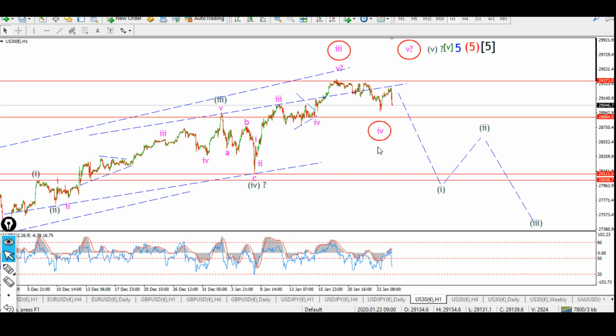Okay, next week I do want to see this initial decline continue, and I would like to see it trace out 5 waves. There's nothing else really that can be said about that, apart from one final thing. You can see the high of, I think, Wednesday. It was a failed rally.